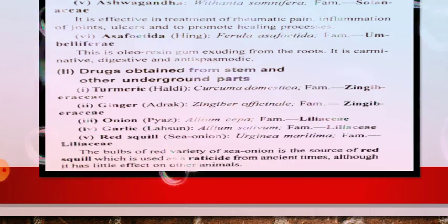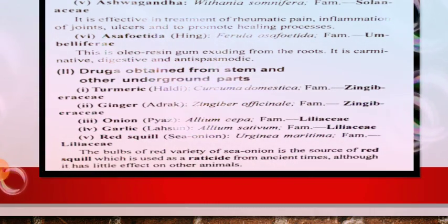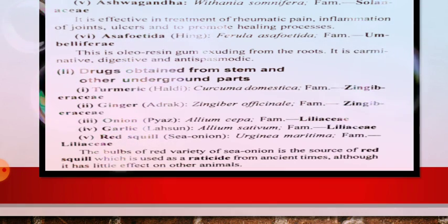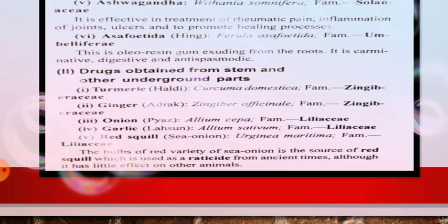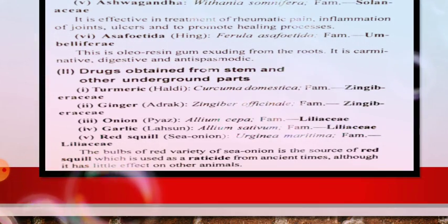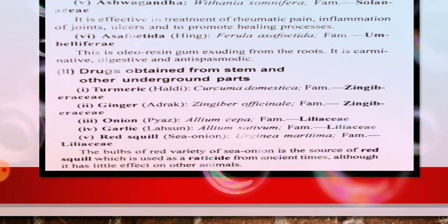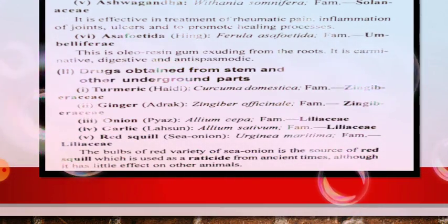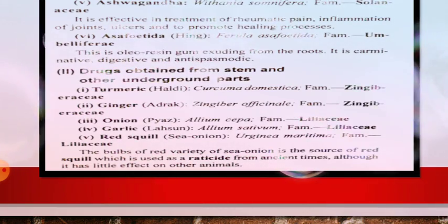First of all, turmeric, which we use mainly in our daily life, or haldi. Its scientific name is Curcuma domesticata, and it belongs to the family Zingiberaceae. Turmeric is mainly used for antiseptic purposes.